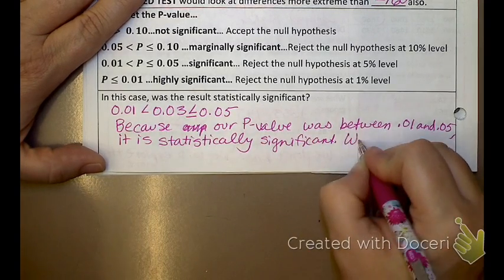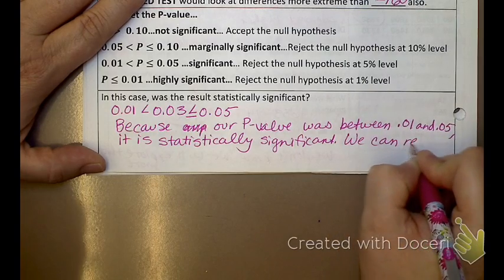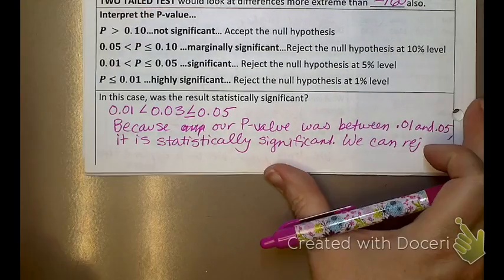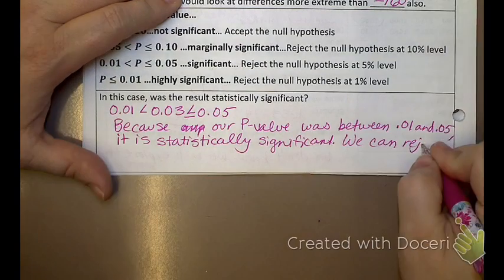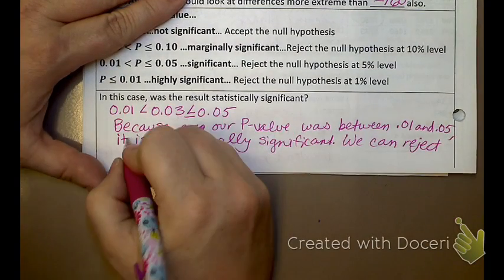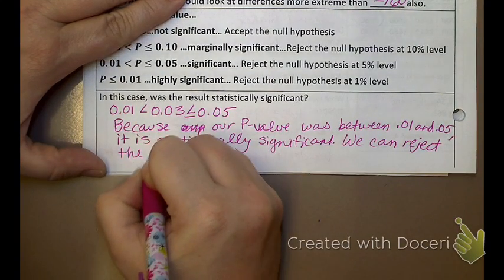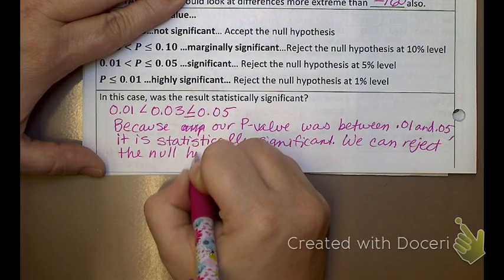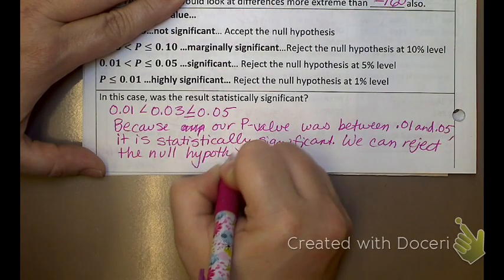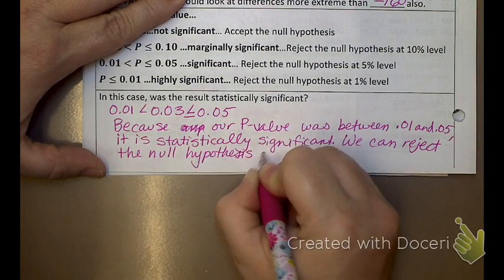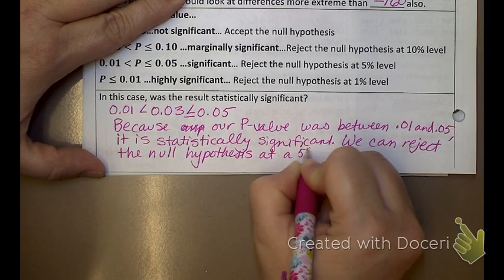We can reject the null hypothesis at a 5% level.